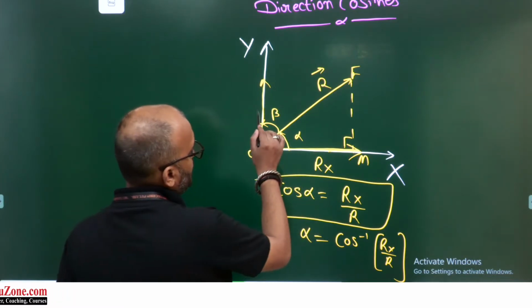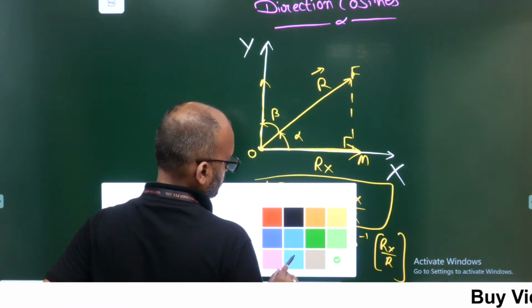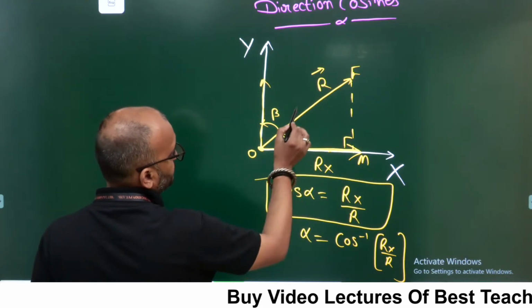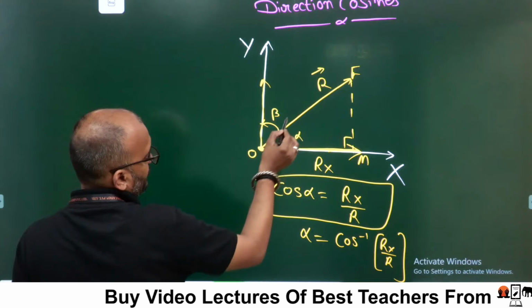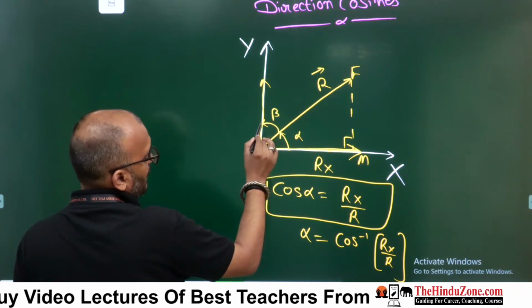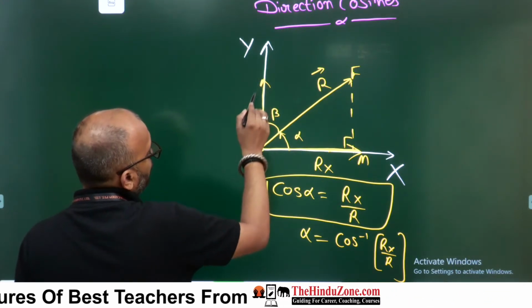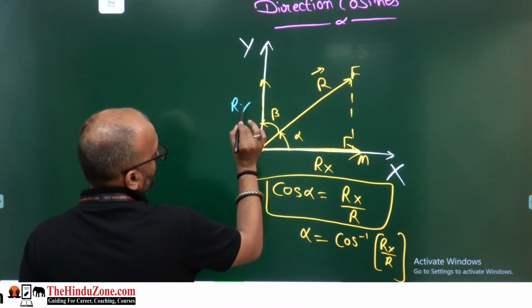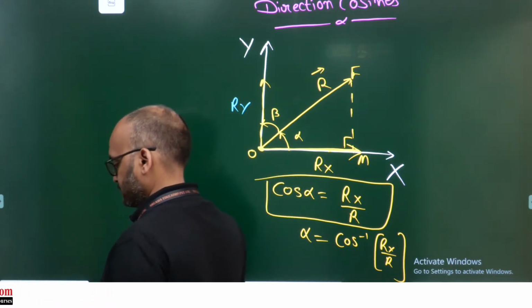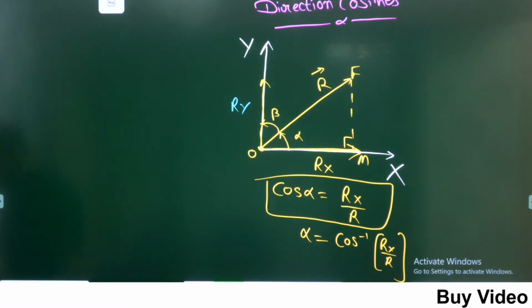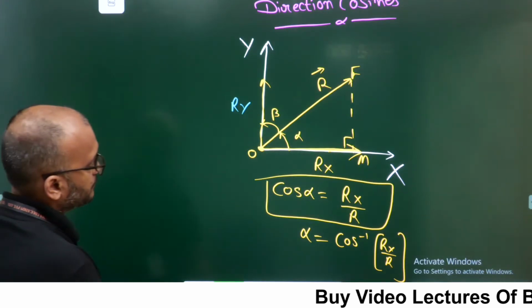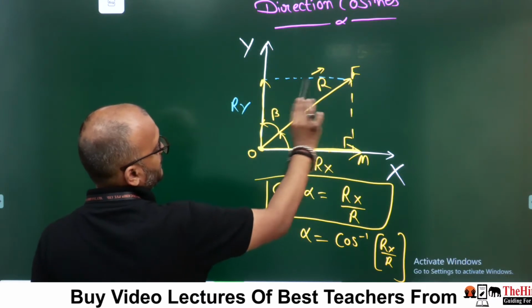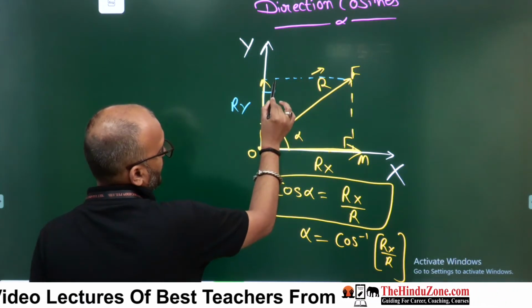Now I am talking in accordance with y-axis. Please see, this vector is making an angle beta with the y-axis. This is an imaginary perpendicular that I have drawn.